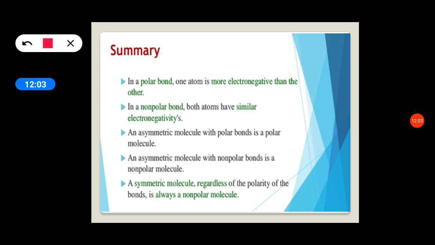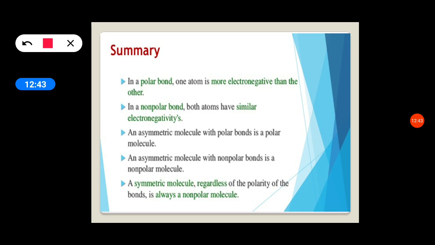So just remember here, due to the difference in the electronegativity, the polarity is created in the molecule. Being a covalent bond, there is sharing of electrons, but still due to the difference in the electronegativity, the shared pair of electrons is somewhat shifted towards the more electronegative atom, so that the more electronegative atom acquires a small negative charge.